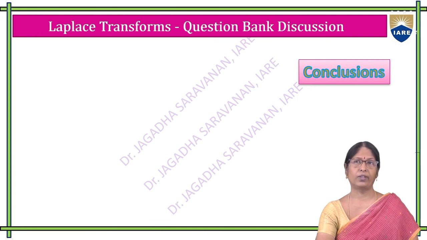These three levels satisfy the question bank which is framed. We discussed important steps, but as I already told, the complete solutions to all the problems are available in the 11 Laplace transform videos.